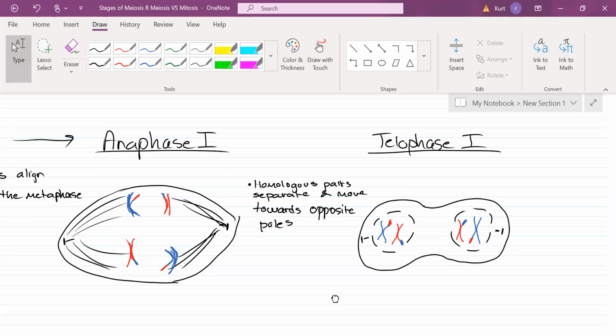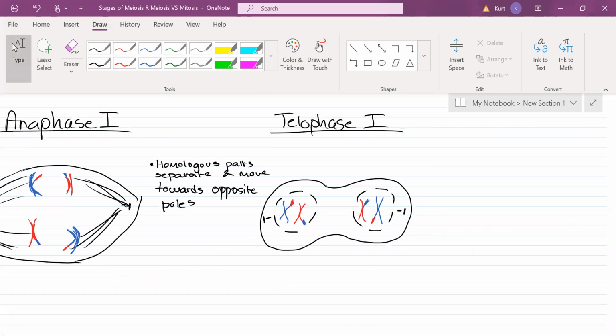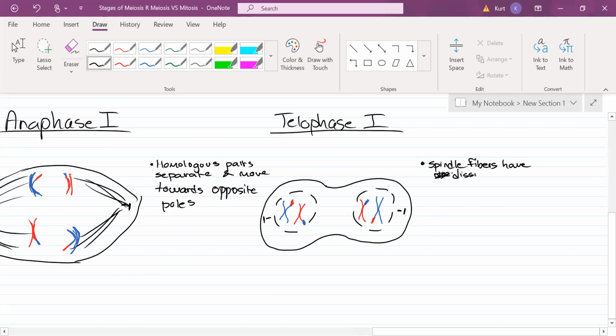Okay, so here we go. The spindle fibers have dissipated. Nuclear envelopes reform around the chromosomes.